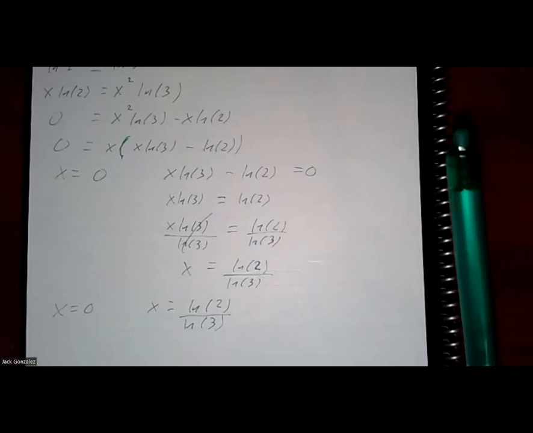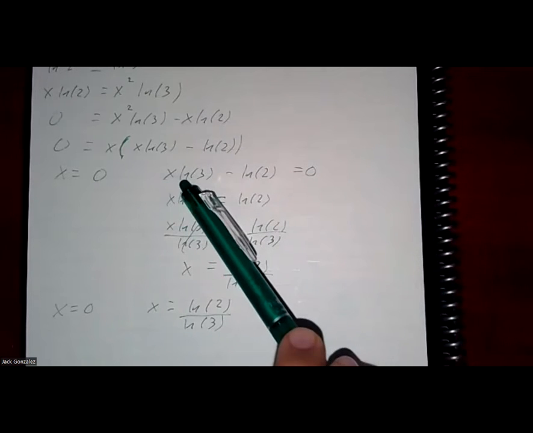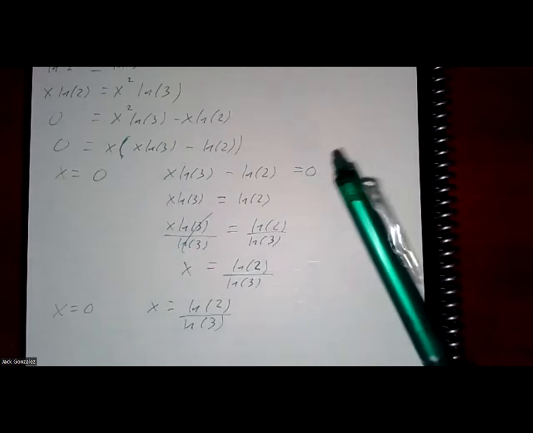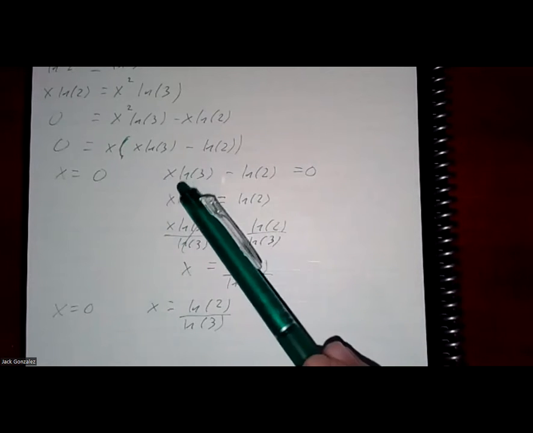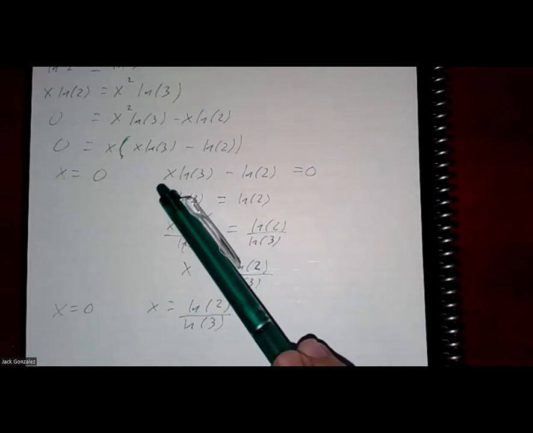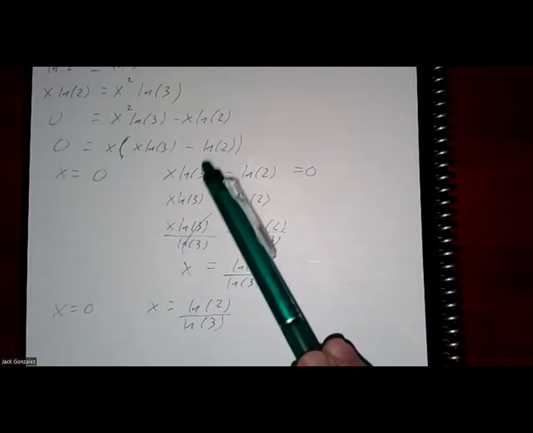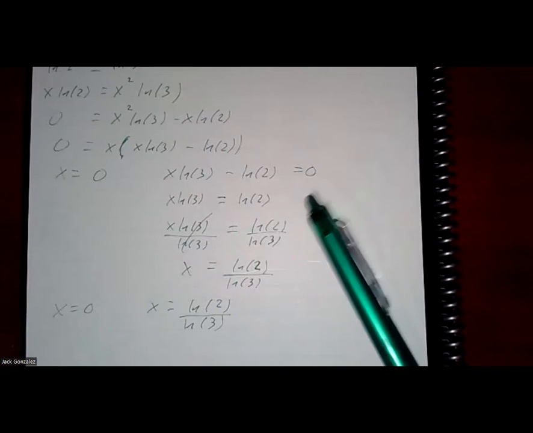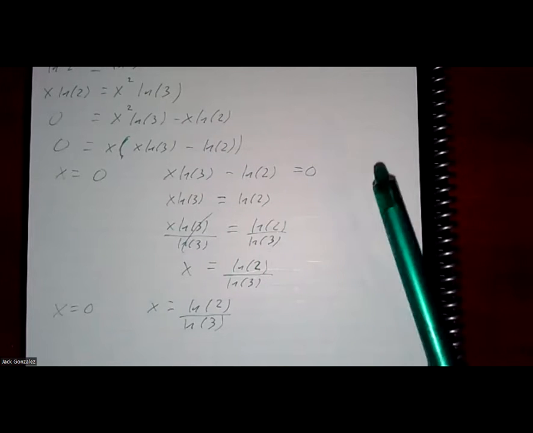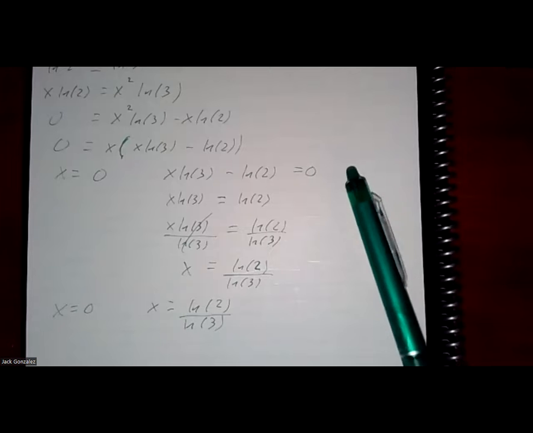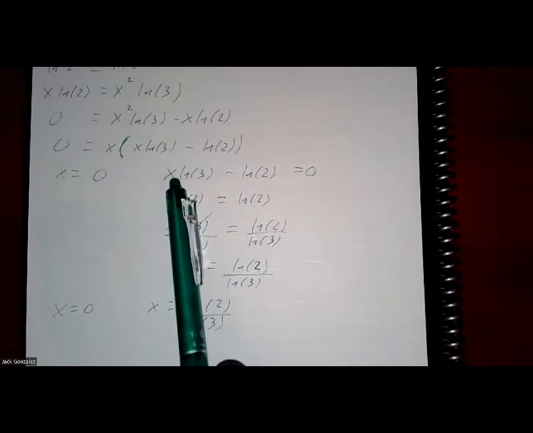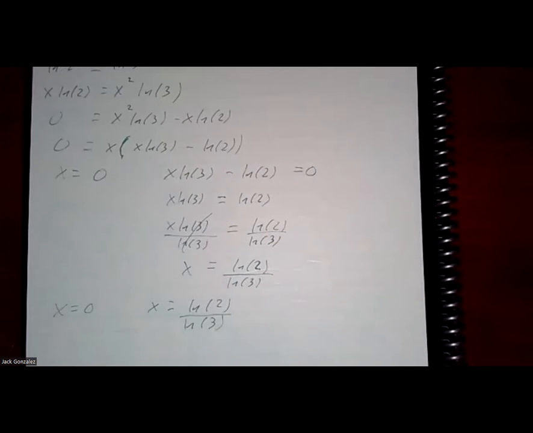Remember, we're solving for x. That's the goal. The quotient rule will not help you solve for x, because to do the quotient rule you'd have to bring the x up, and then you would combine them again. So then the x would be trapped up top again, which would not help you at all. So we're isolating x. That's what we're doing.